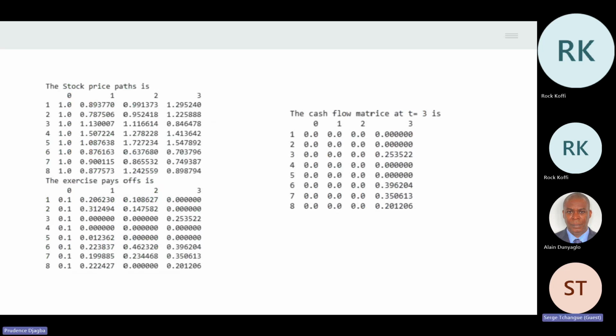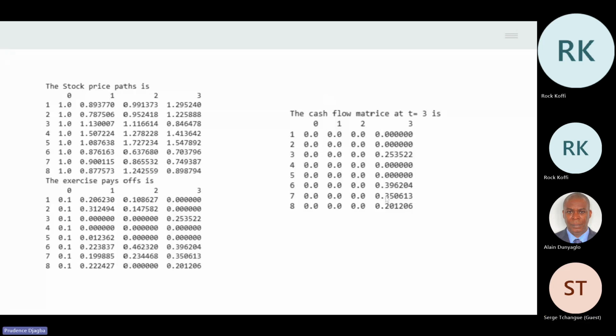Discounted to 0, yes. So which value are you going to use for the discount factor?